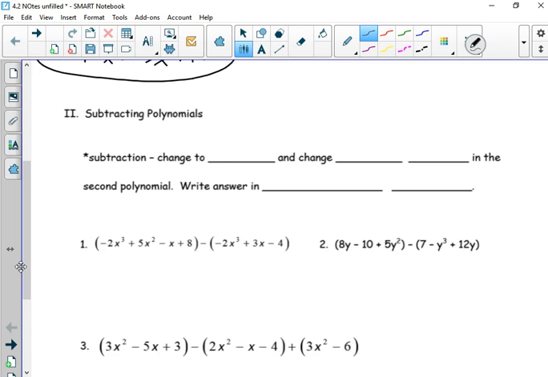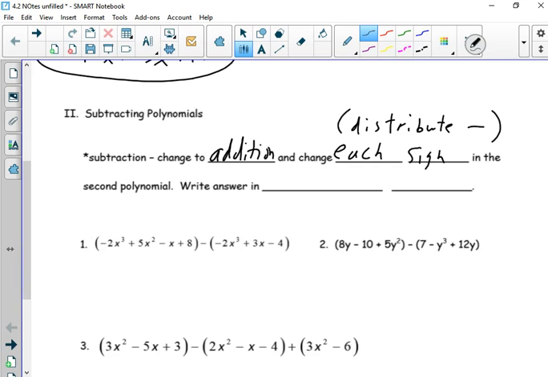So for subtraction, we're going to change to addition and change each sign in the second polynomial. In other words, we're going to distribute that negative sign. And as always, write the answer in standard form.